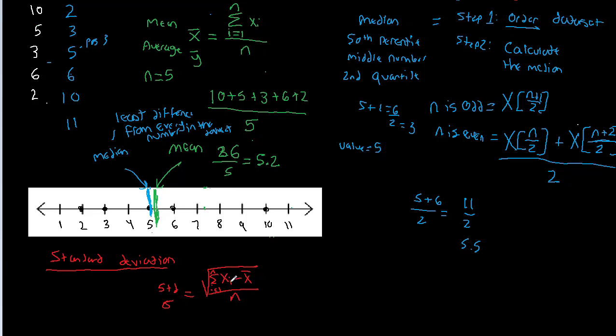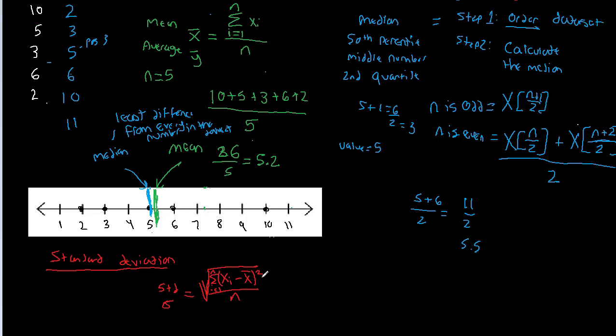This is just the summation over every item in the data set of x sub i minus x bar. This x bar is the mean that we calculated earlier. So we're going to square that difference, then sum that, and then divide that by the number of observations in the data set. So this is the standard deviation: the difference of each observation from the mean, squared, divided by the number of observations, and then we take the square root of all of that.